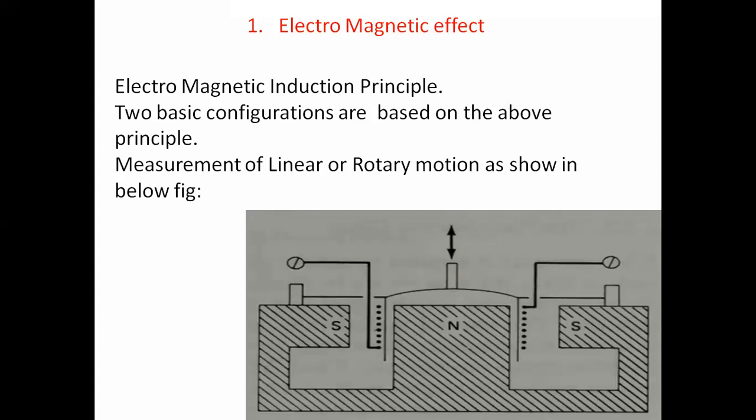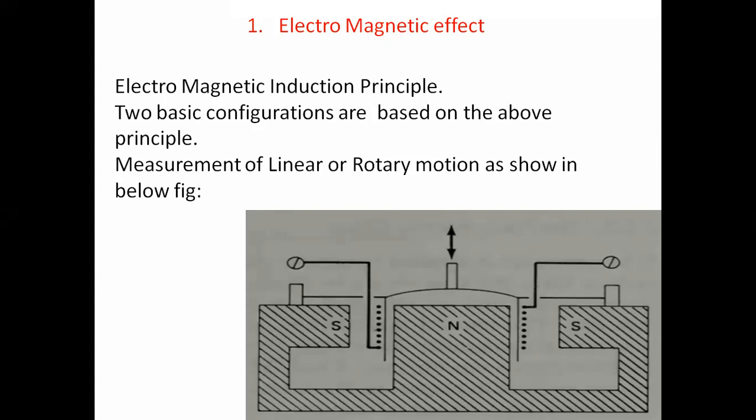This is the main basic principle involved in electromagnetic induction. So how is the EMF generated? The conductor makes a cut of the magnetic flux, and due to that, the EMF will be generated.